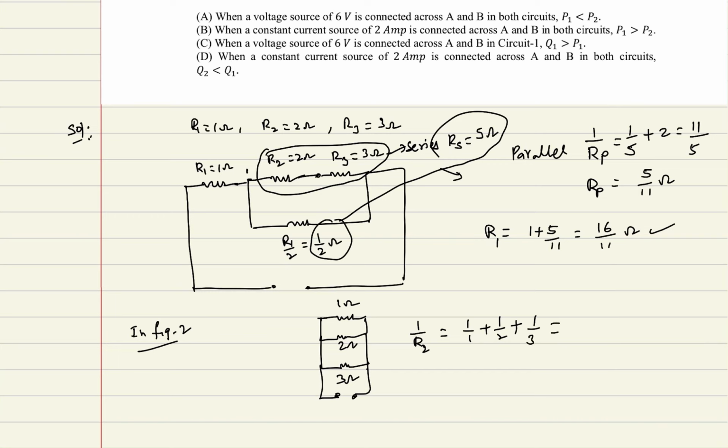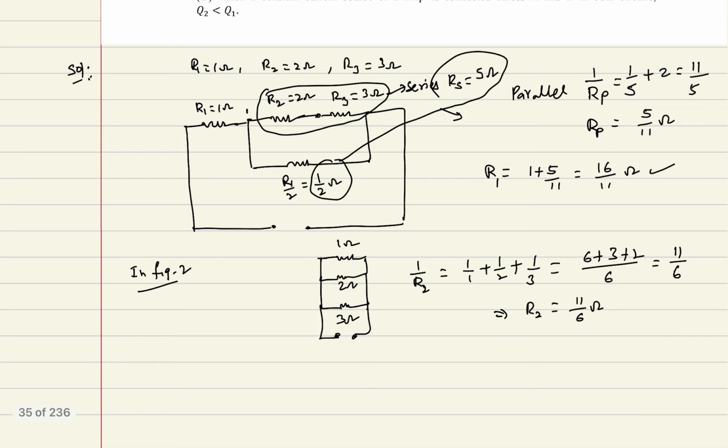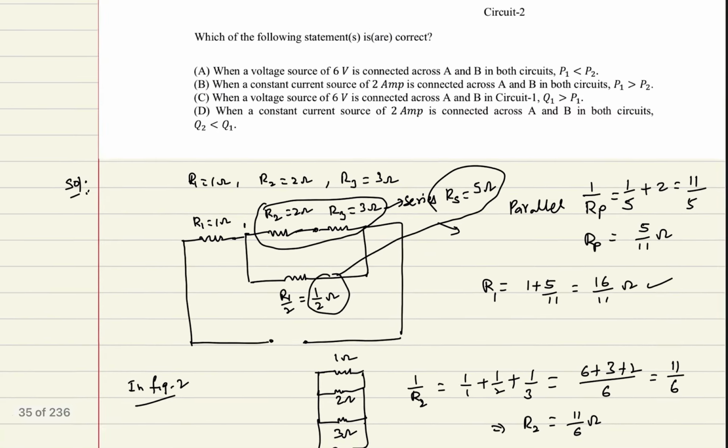Now 1 by R2 can be written as 1 by 1 plus 1 by 2 plus 1 by 3. So you can observe that 6 plus 3 plus 2 whole divided by 6, that is 11 by 6. So R2 value is 11 divided by 6 ohm. R2 value is this.